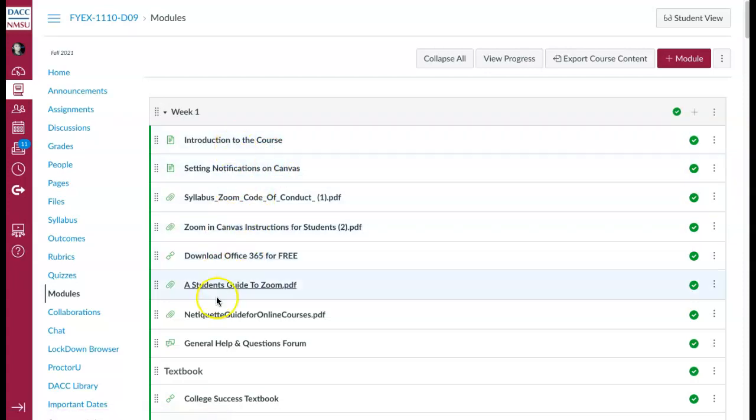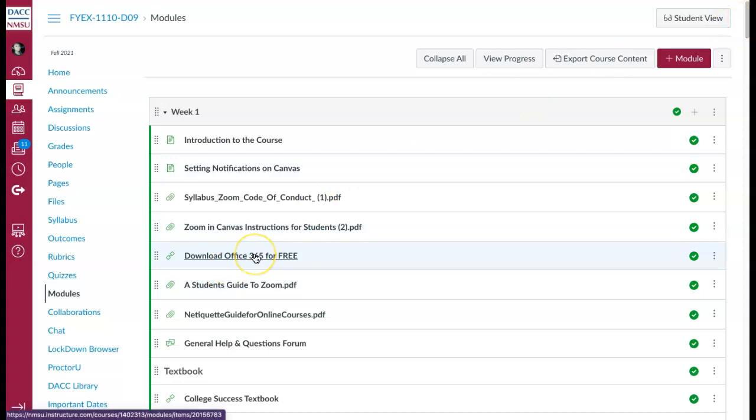So as you can see right here, this first module just contains a lot of information that is helpful for you. For example, as an NMSU student, you get Office 365 for free, which I think is a really good option. I think that you can download it on up to 3 devices, which again, is a really good opportunity because if you purchase Microsoft Word, that is expensive.